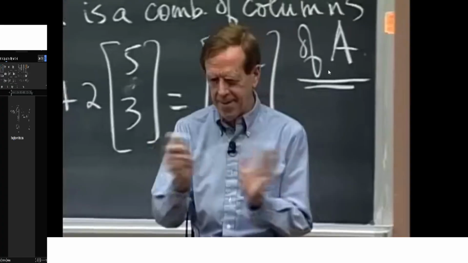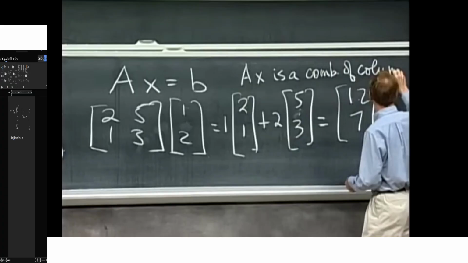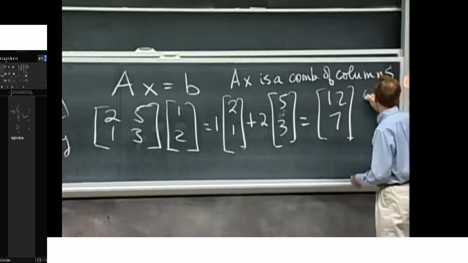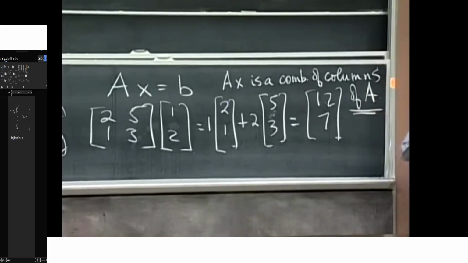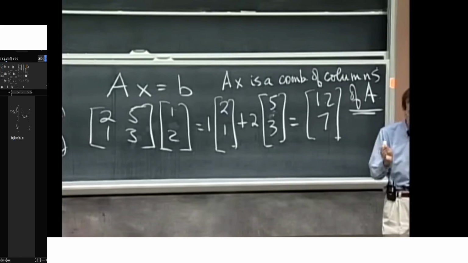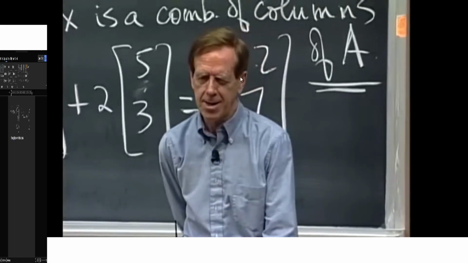That's how I hope you'll think of A times x. It's a combination of columns of A. Let me write that down.